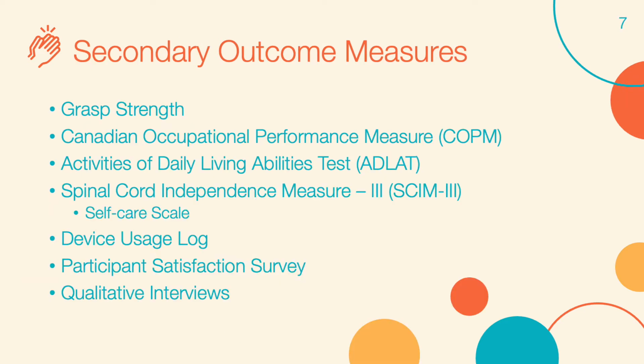We recognize that there are many criteria for success as a result of the NNP. So, we have included additional or secondary measures of efficacy, including grasp strength, which compares forces generated from the hand with the NNP on versus off, the Canadian Occupational Performance Measure, which measures changes in performance and satisfaction of goals identified by the study participants, the Activities of Daily Living Abilities Test, which uses a scale to quantify level of independence in performing activities identified by the COPM, and the Spinal Cord Independence Measure 3 Self-Care Scale, which assesses ability to perform self-care activities.